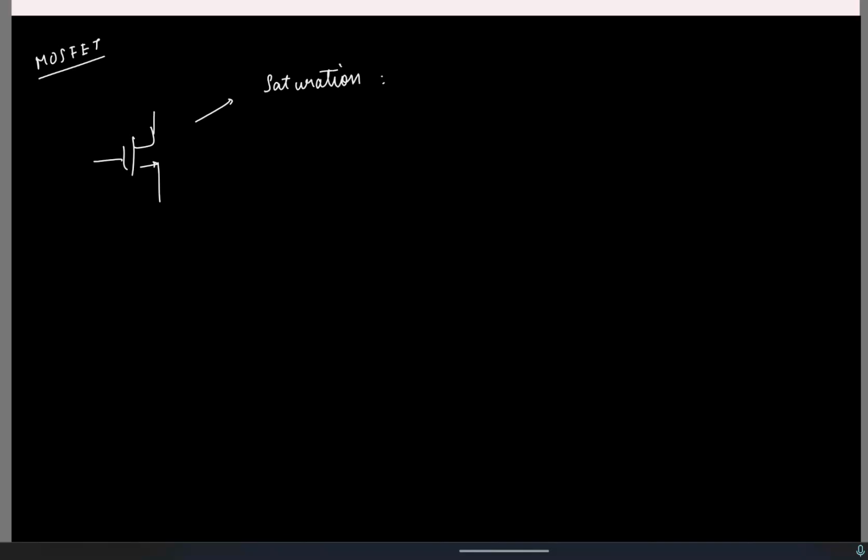When it is in saturation, the noise in this drain current can be modeled as a current source in parallel to this noiseless MOSFET, and the power spectral density of this current is given by 4kTγ times gm, where k is the Boltzmann constant, T is temperature in Kelvin, gm is the transconductance at the operating point, and this gamma is an empirical constant.